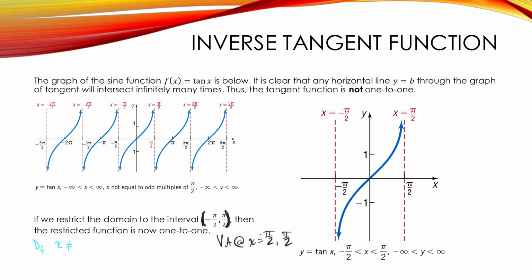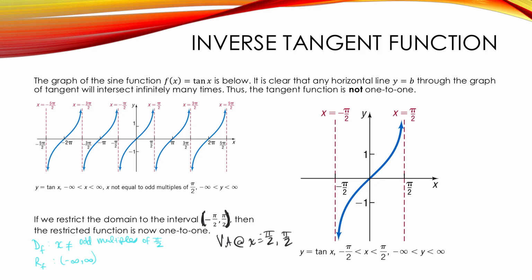So x cannot be odd multiples of pi over 2. Kind of an odd thing to say, but it is what it is. We've been through this already before. We've already looked at our graph of tangent, so we know it's a little bit odd. And then we know that our range for tangent is really all real numbers.